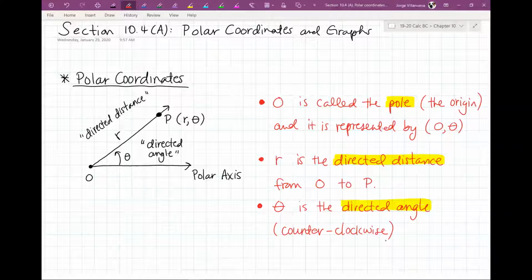But theta is the directed angle. It's usually done counterclockwise from the polar axis, in other words the x-axis, to segment OP.